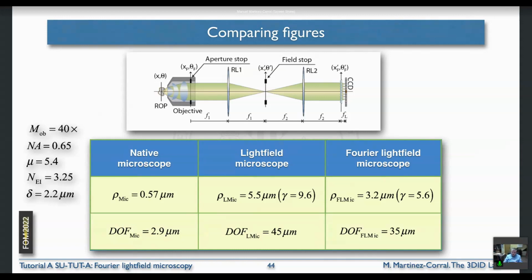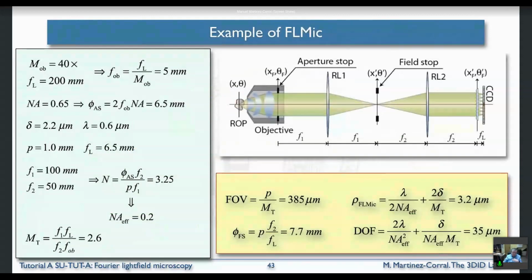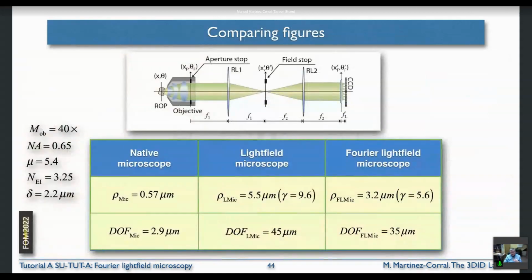And we have found that, due to the poor real magnification, we are in fact working with a microscope of magnification 2.6, the real magnification between this plane and this. Due to this poor magnification, at the moment the bottleneck for obtaining good resolution in Fourier Lightfield microscopy is the sensor pixel size.